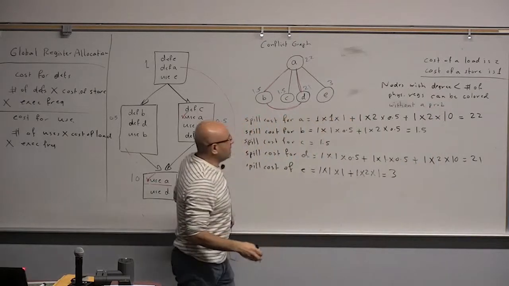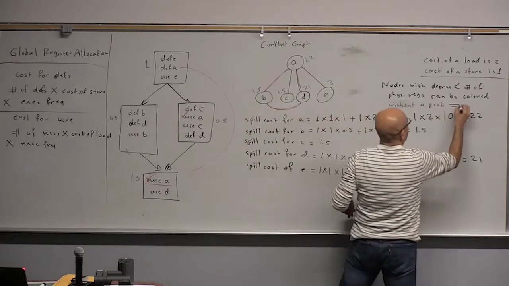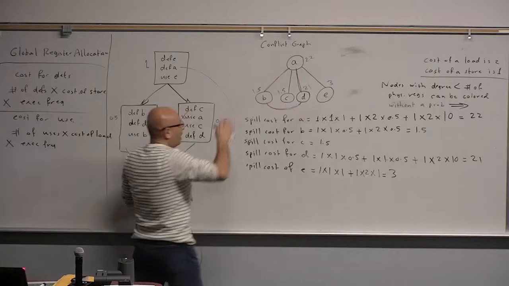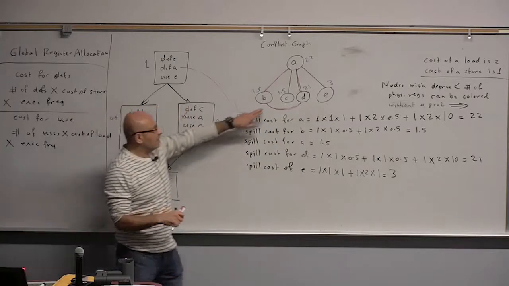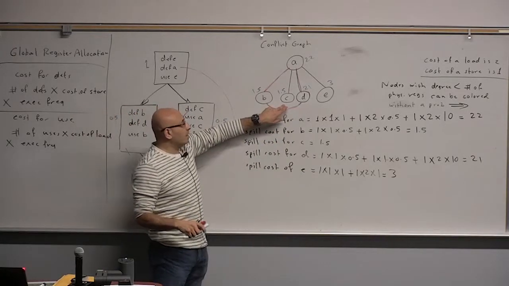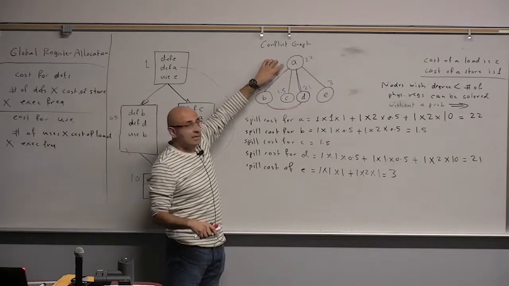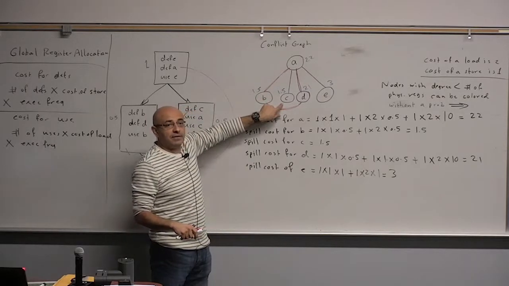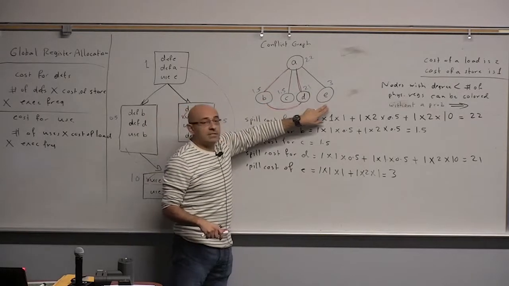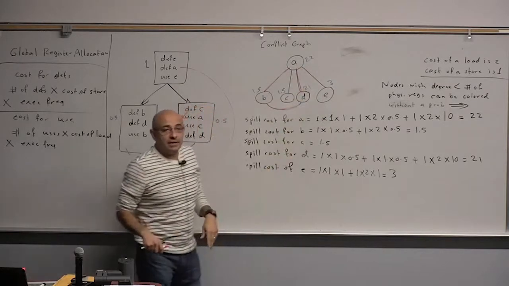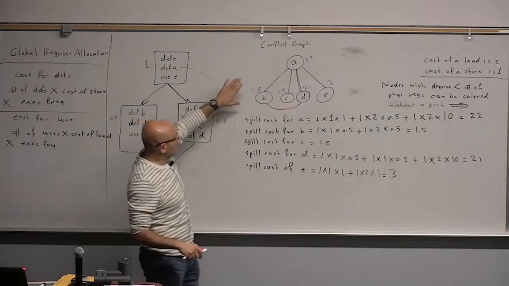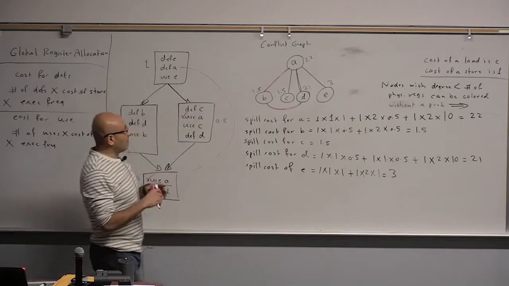So you just eliminate them. I can leave the coloring of these until the end, until I figure out what the color of A is, and I will just give C a different color than A, and then I will just give E a different color than A. So I only am left with the 3 ones that have conflict.